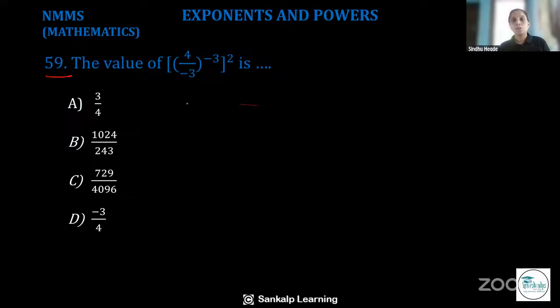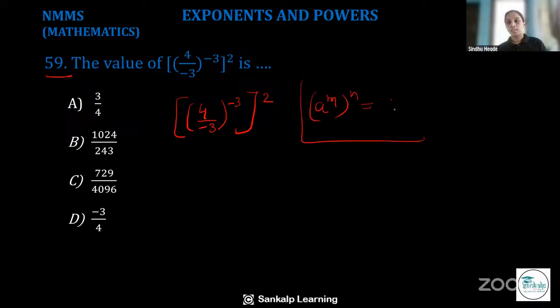So find out the value for 4 by minus 3 whole raised to minus 3, to the whole power 2. This is in the form of a raised to m raised to n again, a raised to m into n.